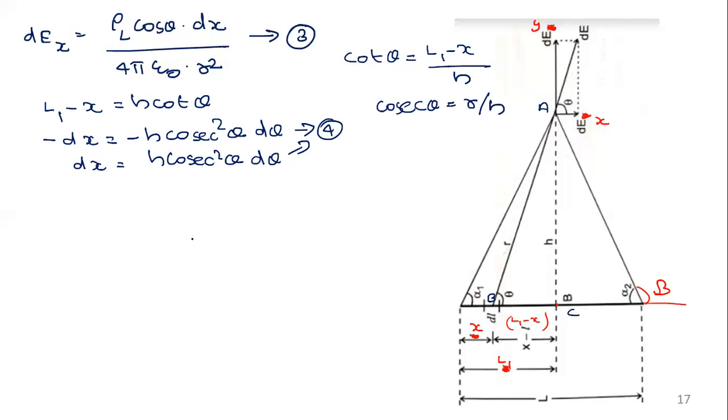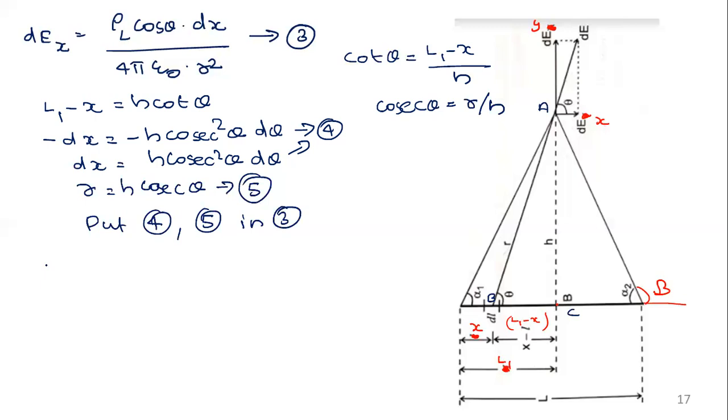So all these things we need to substitute. So then we can write r is equal to h cosec theta. That is equation number 5. Then put equation number 4 and equation number 5 in equation number 3.